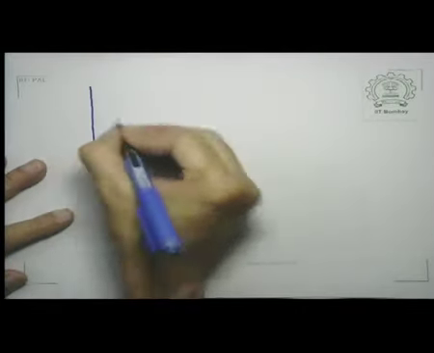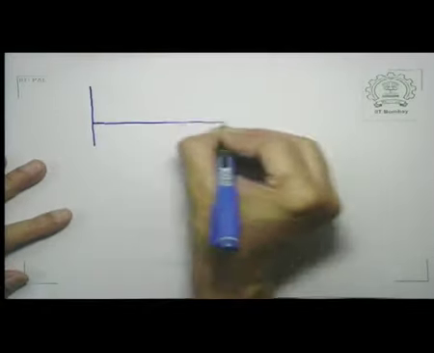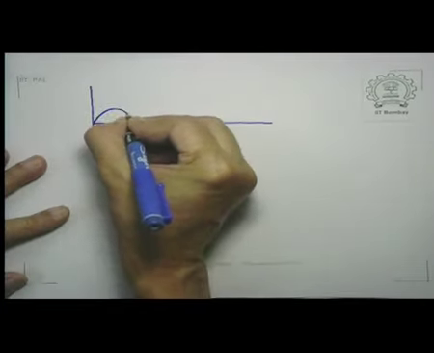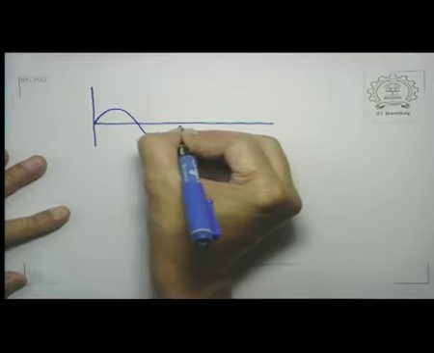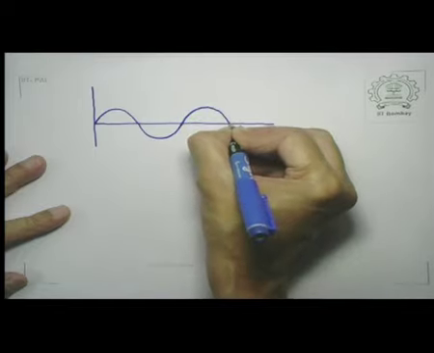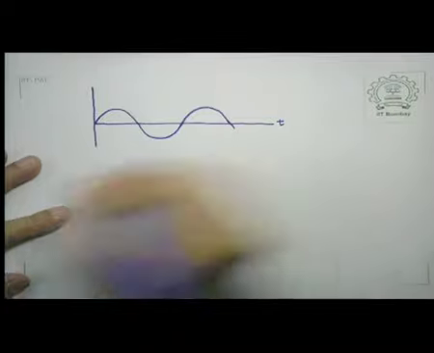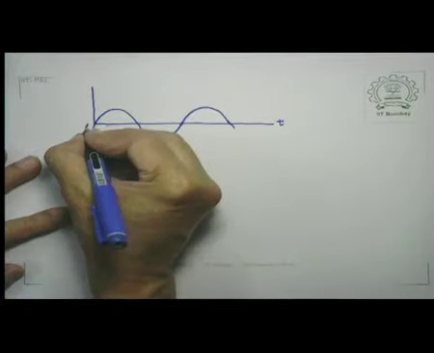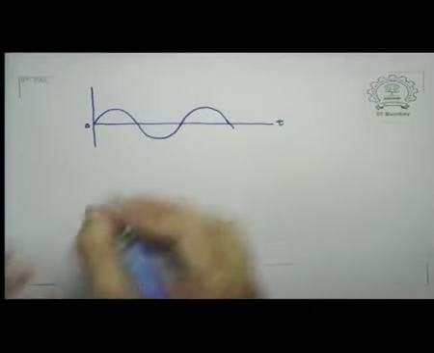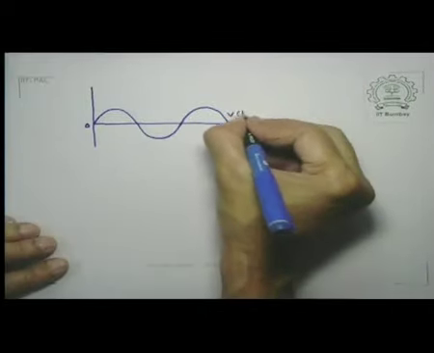Let me plot the current and voltage as a function of time. So let me draw the voltage waveform. This is completely one cycle, but let me also draw a little more than that. This is my time t, and what I have plotted here in blue is the voltage V of t.